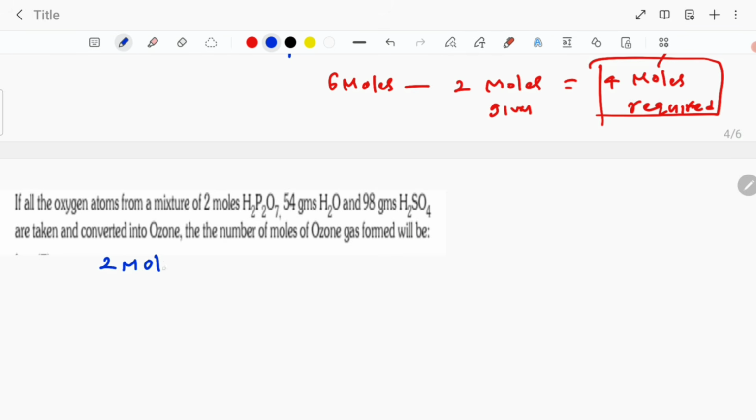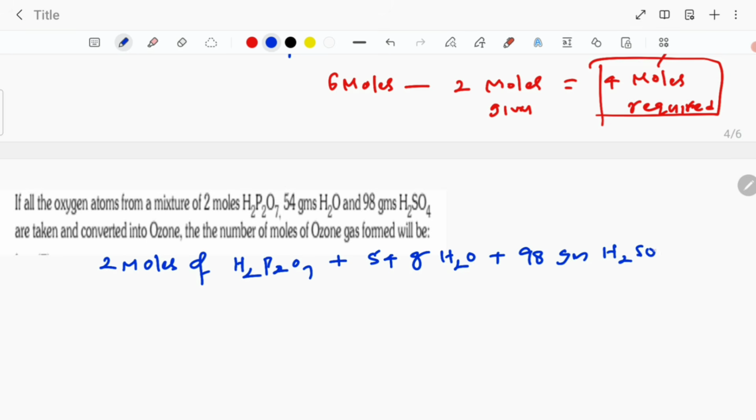So here they gave 2 moles of H2P2O7 plus 54 grams of H2O plus 98 grams of H2SO4. So here 2 moles of H2P2O7. How many moles of oxygen atoms are present here? 14 moles of oxygen present.